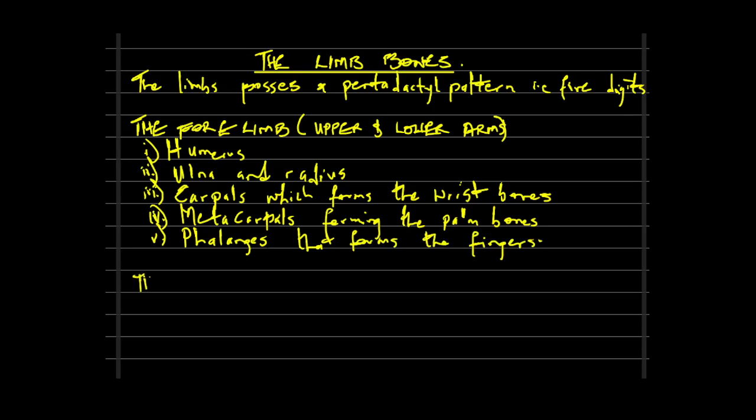And then for the hind limb, we have something similar. First we have the femur. Underneath the femur we have the tibia and the fibula.